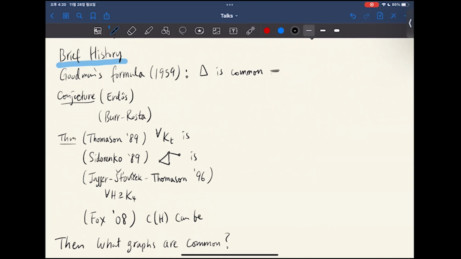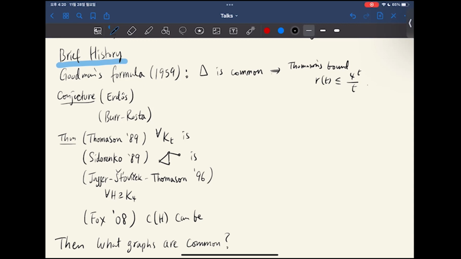And this Goodman's formula was actually a very important ingredient in proving Thomason's bound on the diagonal Ramsey number, R of t being at most 4 to the t divided by root t. Yeah, so this was a key ingredient in Thomason's bound, later improved by David Conlon and recently by Ashwin Sah.